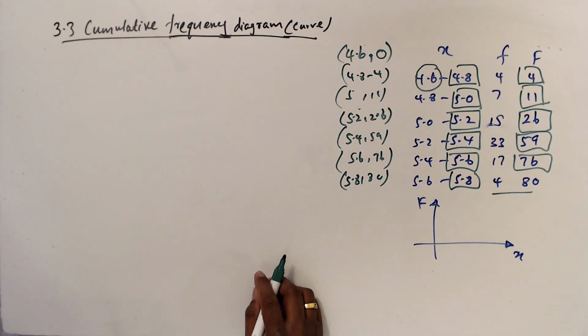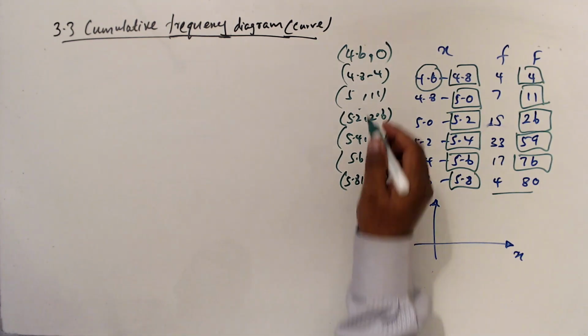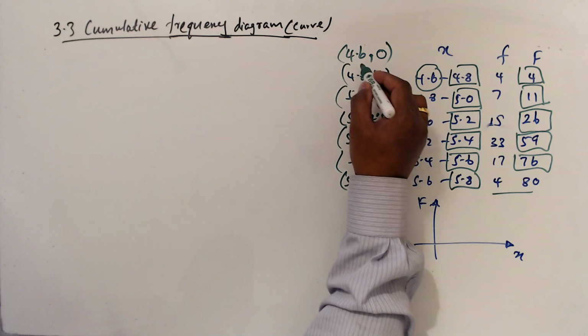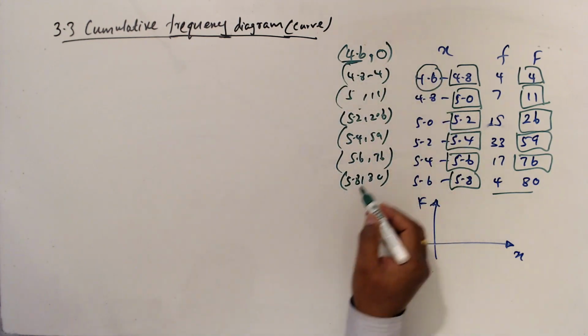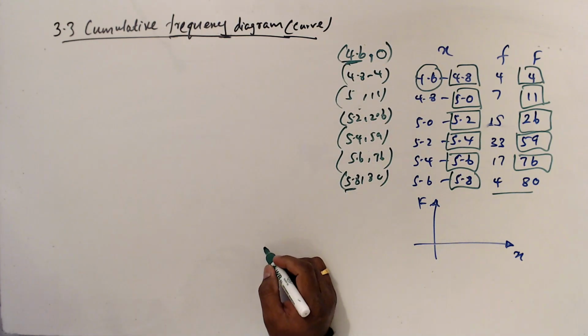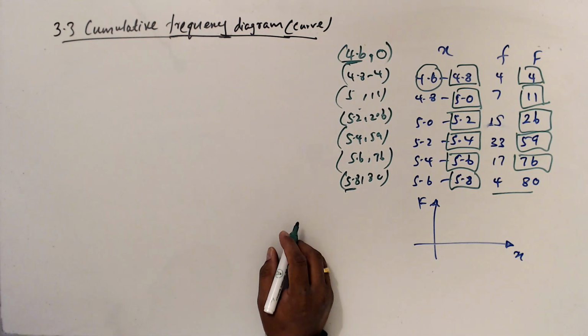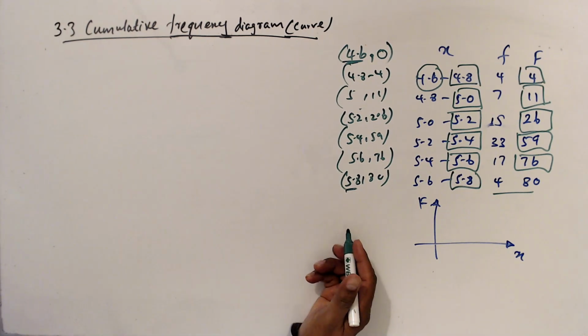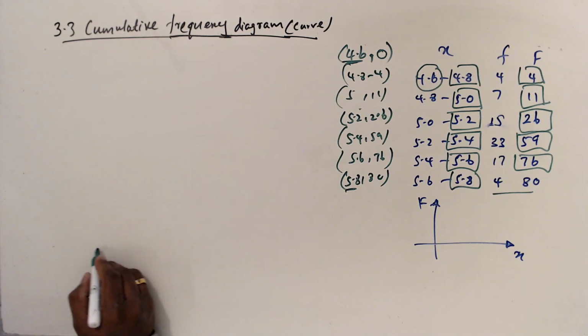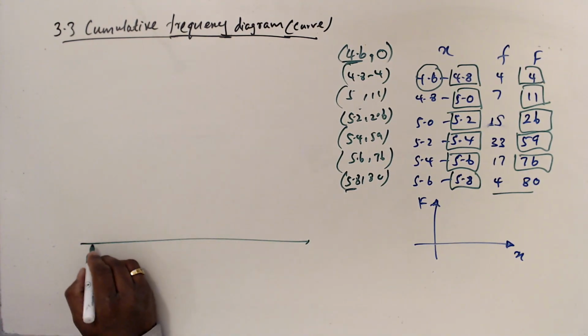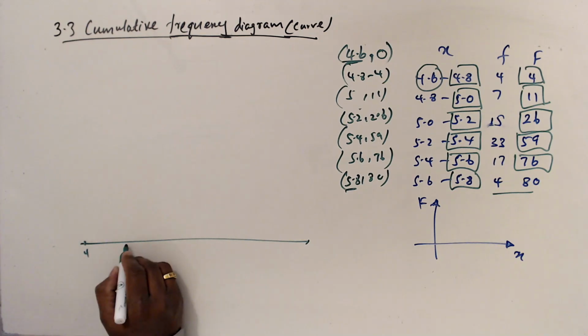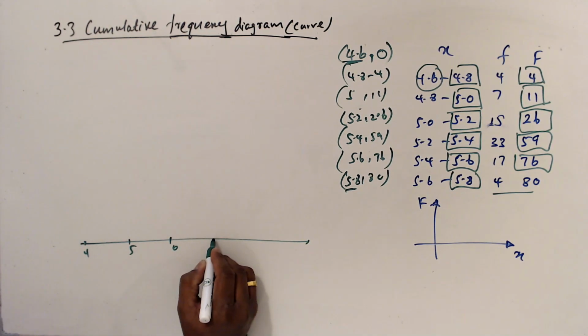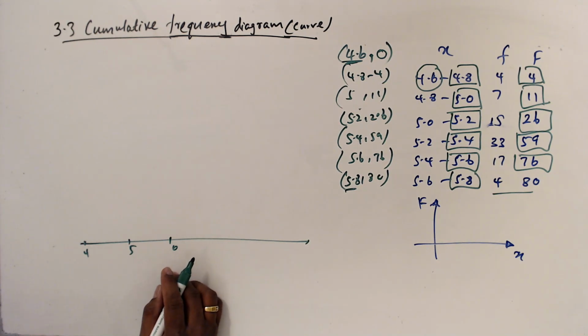And now we can plot the graph. The graph area is from 4.6 to 5.8, so basically we can start the axis from 4 to 6. Let's say 4, 5, 6. Let me draw the curve.